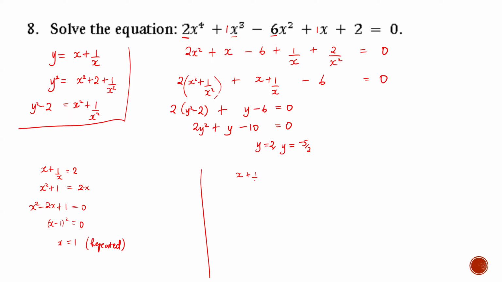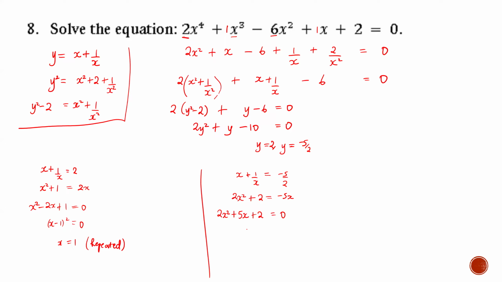And then for the second case, you have x plus 1 over x is equal to negative 5 over 2. If you multiply all through by 2x, you get 2x squared plus 2 is equal to minus 5x. If you bring the 5x to the left, you have 2x squared plus 5x plus 2 is equal to 0.